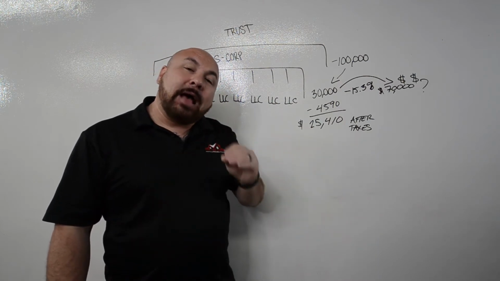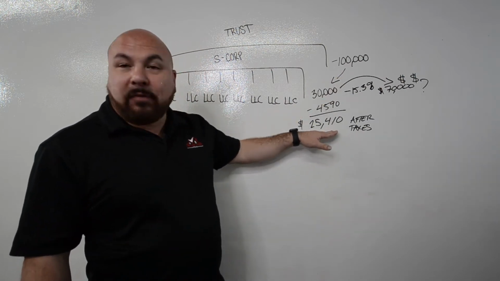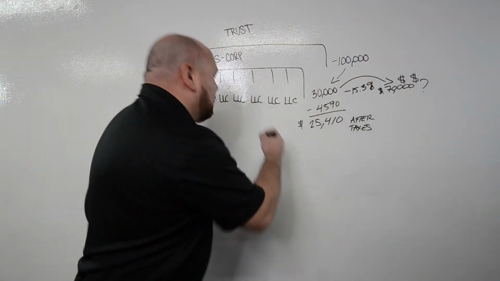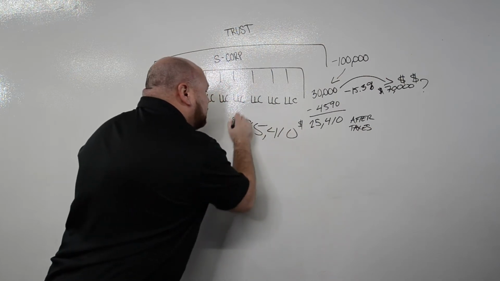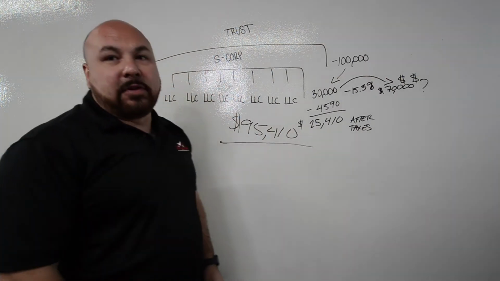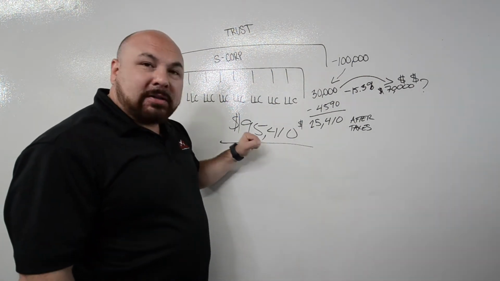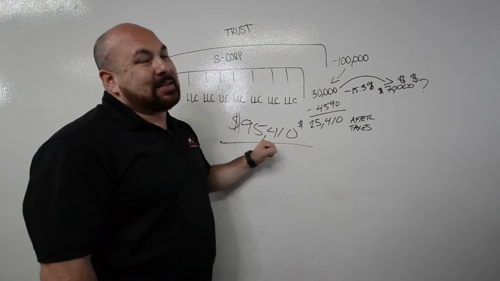So that $70,000 now just became $95,410. I'll write that down. $95,410 after taxes for your business, right? So you get to pocket out of $100,000, $95,410. That's kind of awesome.